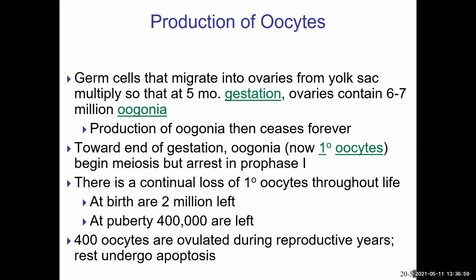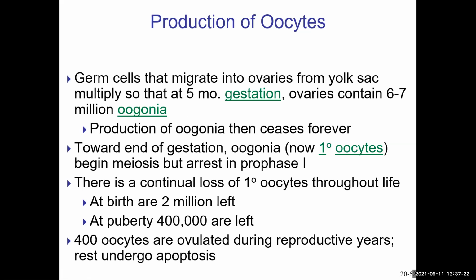You got some cells from there and you start developing eggs inside your ovary. Germ cells that migrate into the ovaries from the yolk sac multiply, so that at 5 months gestation, the ovaries contain 6 to 7 million oogonia.